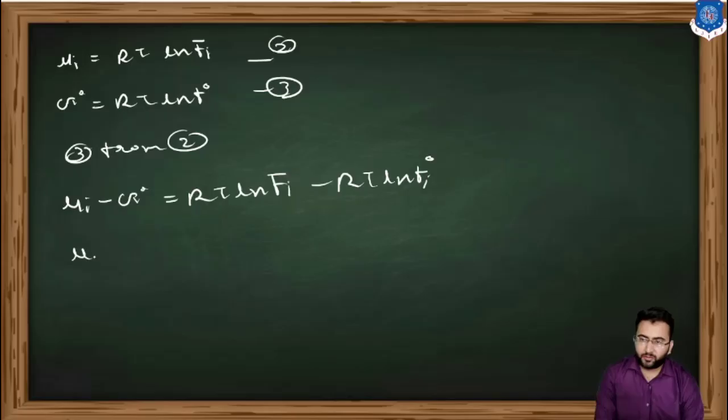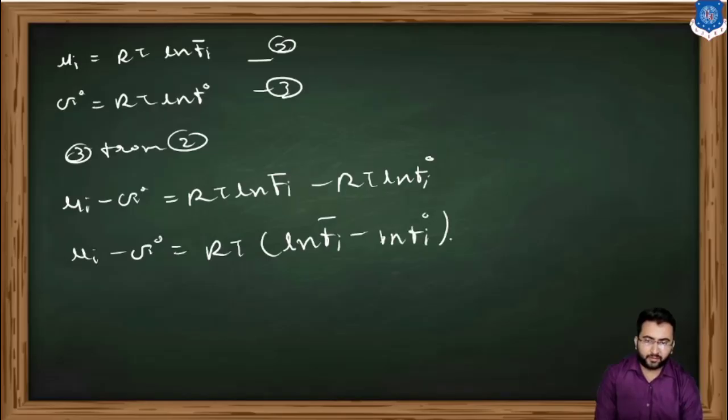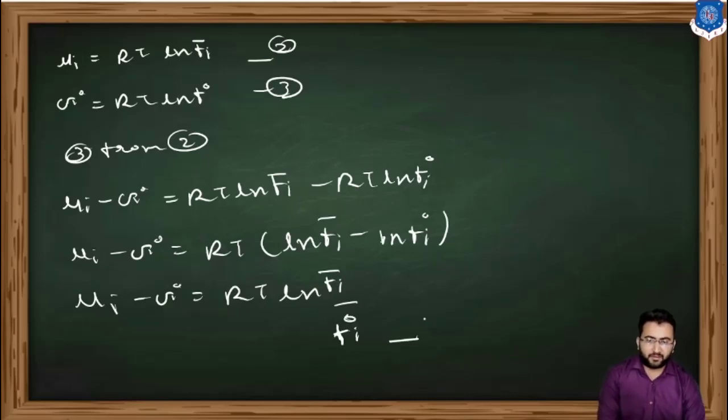Taking RT common, it becomes ln fi bar minus ln fi naught, so mu i minus Gi naught is equal to RT ln fi bar upon fi naught. Let's consider this as our equation number 4.